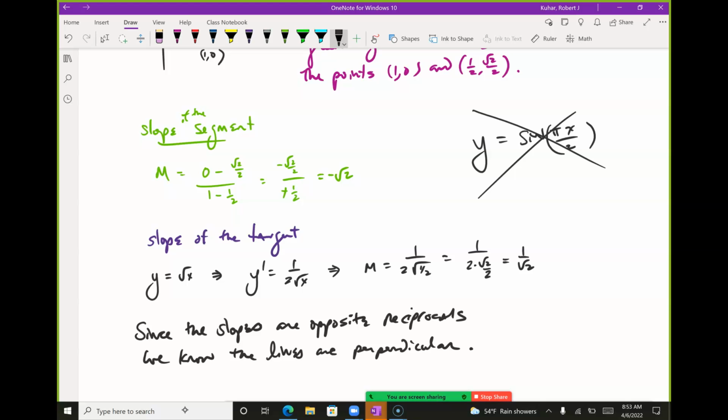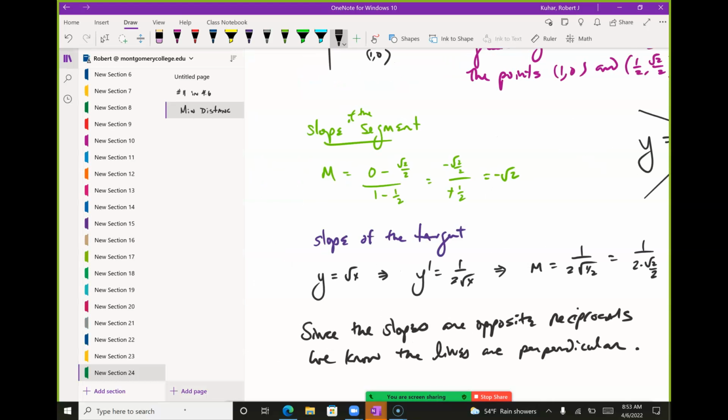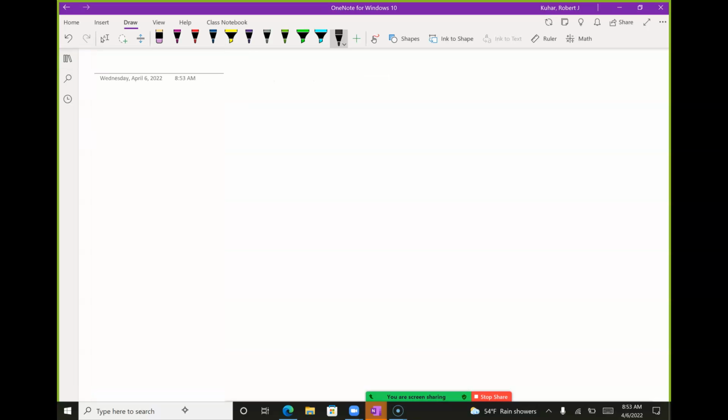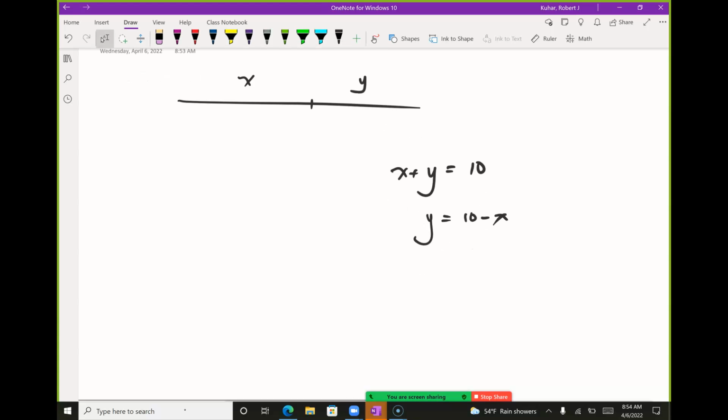Let me save face a little bit on that problem from yesterday where I had a piece of wire. Is everybody okay for me to move on here? Thank you. So I had a piece of wire that was 10 meters long, right? And I cut it into two pieces, X and Y. And I know X plus Y was 10, or better yet, Y equals 10 minus X. And I bent the X piece into a square.